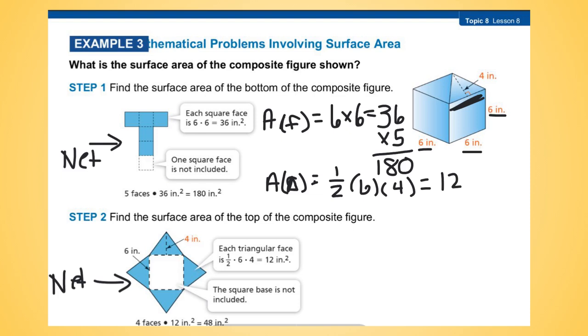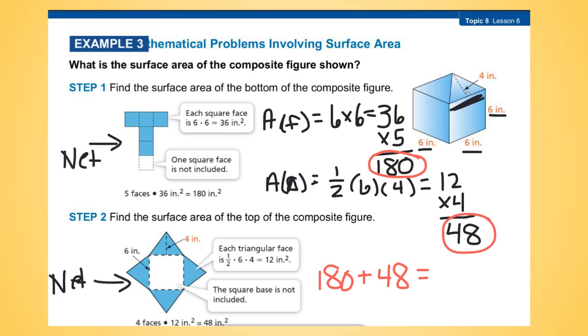So we have a front and a back, a left and a right. So I'm going to have 4 of those. Surface area means I'm going to add them all together. So I'm going to take 180 and I'm going to add the 48 to get a grand total of 228 inches squared.